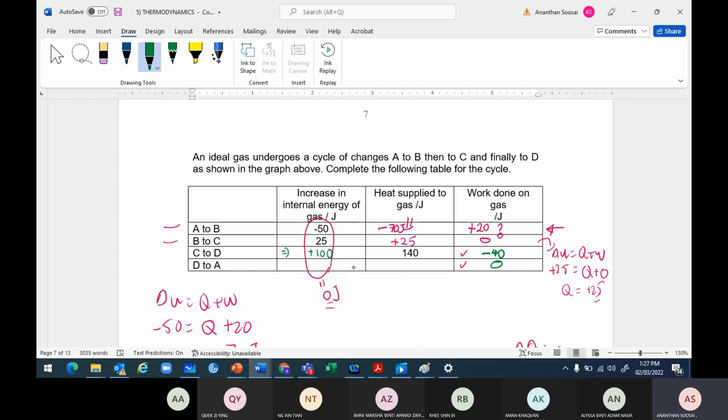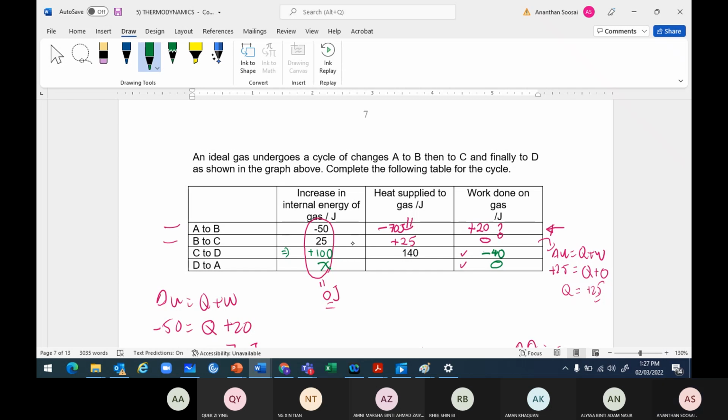Now we're stuck. We don't know x, but you should know because it came back to the same point. The negative 50 plus 25 plus 100 plus this x, which we don't know, must get 0. So that's the clue we have. So how much is x going to be? 125 minus 50. How much?